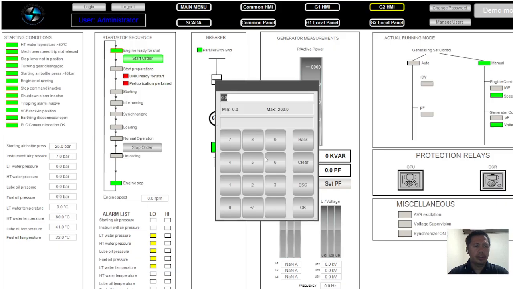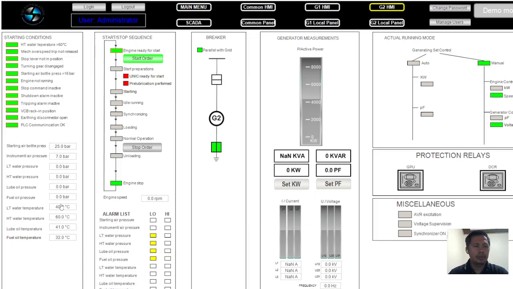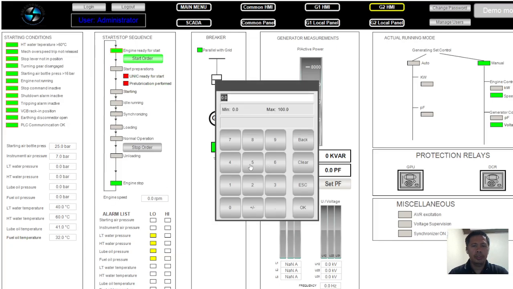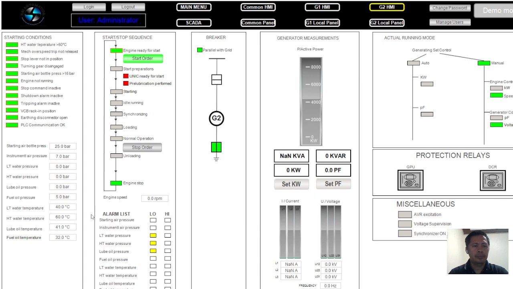The LT temperature 40. The fuel pressure is 5 bars. So later, when the engine is running, we'll accomplish this as part of the simulation.